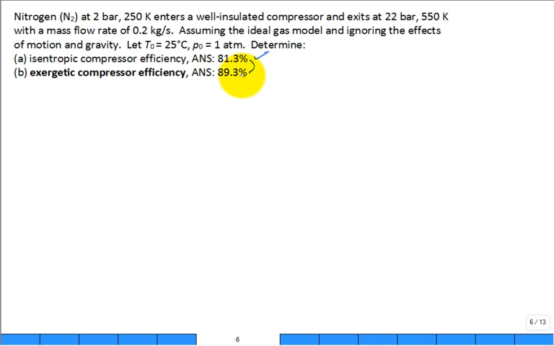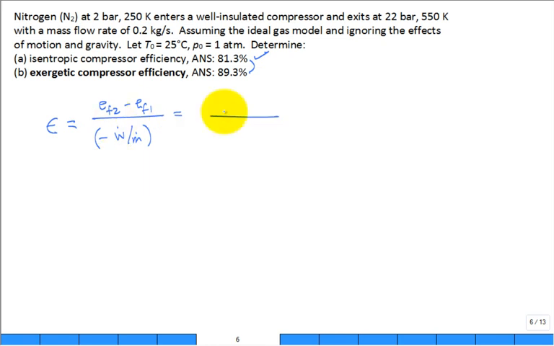How am I going to calculate that exergetic efficiency? You could put the EF exit minus EF inlet divided by W dot divided by M dot. If you like the minus sign the textbook uses, fine. Isn't this the right form? Okay.